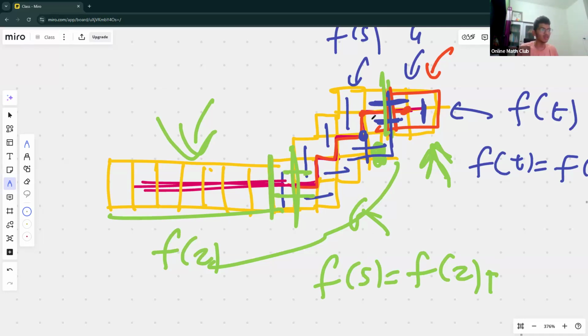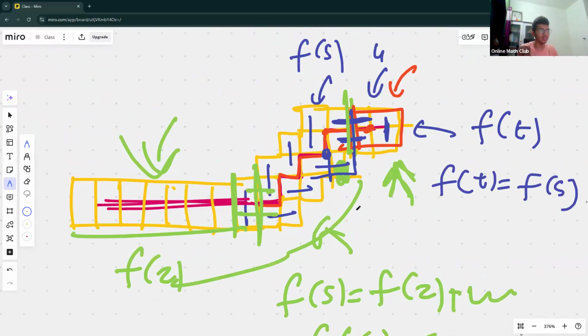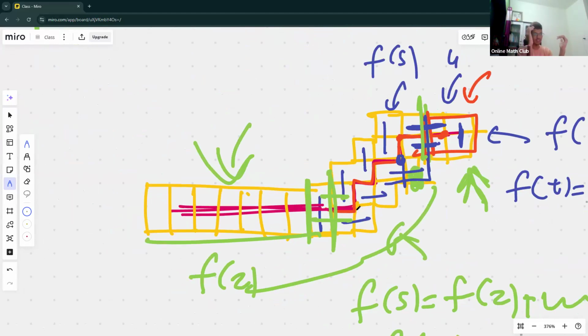Then we just consider this part and the other staircase. Then f of s t will come out to be f of s plus t. So this is some kind of recurrence. And the only thing we distinguish is the staircase and the continuous block.